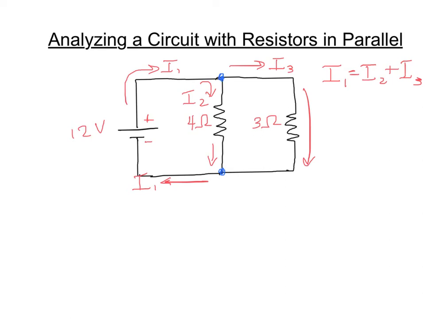You can almost think of the electric potential energy stored in the battery like gravitational potential energy. When you take a boulder up to the top of a cliff, it's got all this gravitational potential energy, and you might define your 0 point down at the bottom of the cliff. Well, I'm going to define my 0 point for my electrical potential energy to be at this point right here.